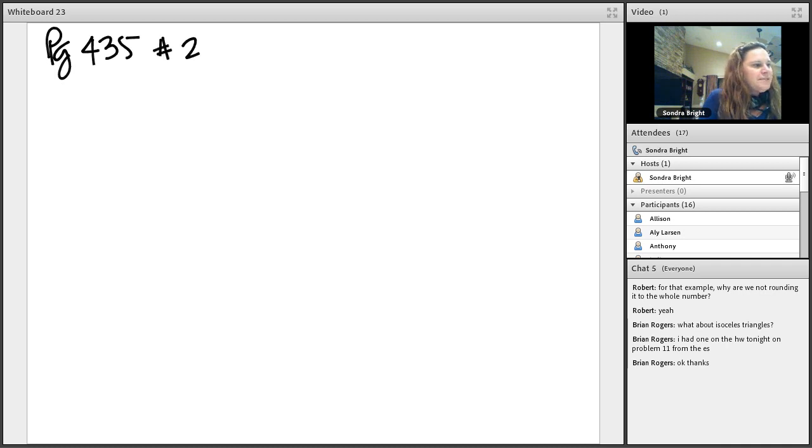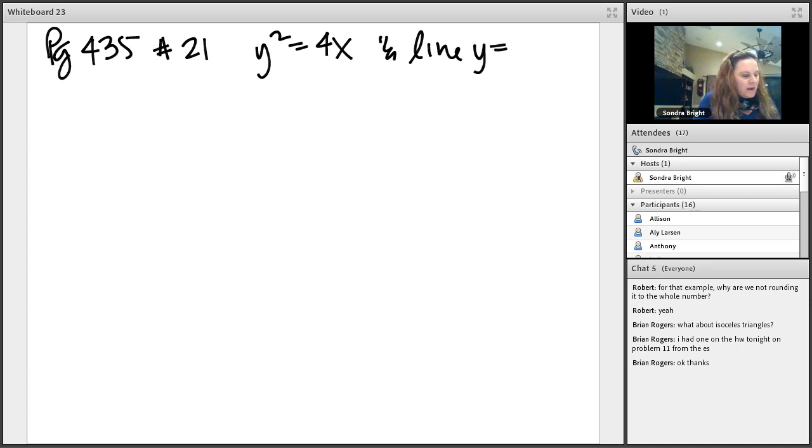Number 21. Find the volume of the solid generated by revolving the region enclosed by the parabola y squared equals 4x and the line y equals x, and we're going to do it about the x-axis first.